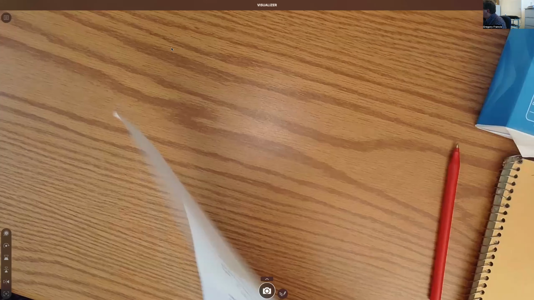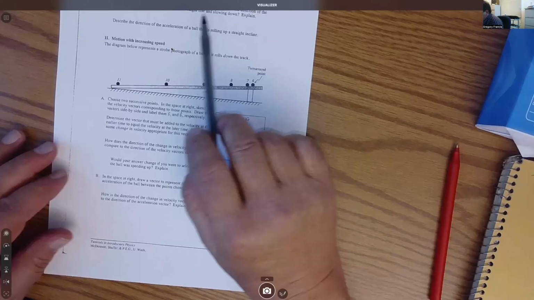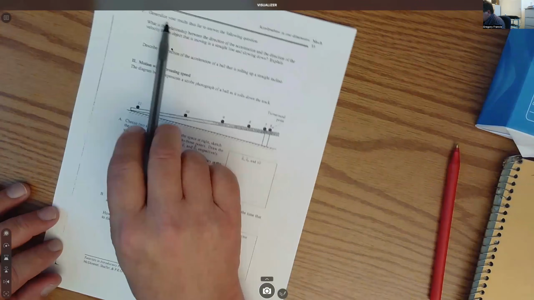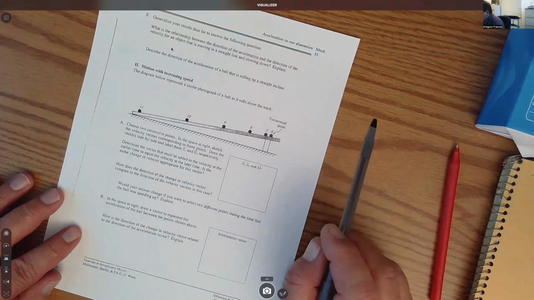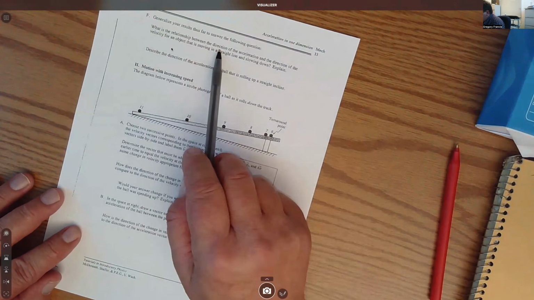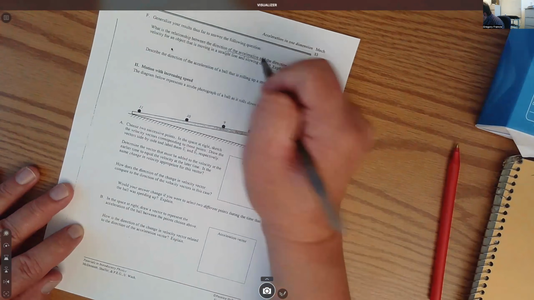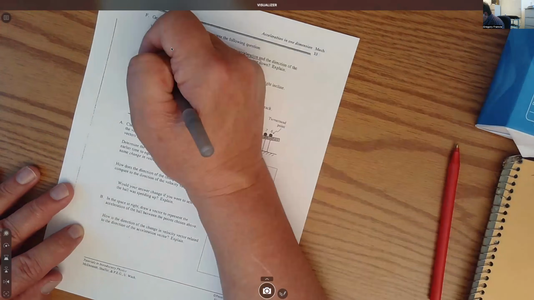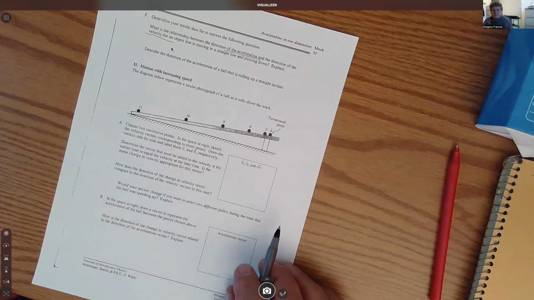Now, at the top of page 3, we're asked 2 questions. It says, generalize your results thus far to answer the following questions. What is the relationship between the direction of the acceleration and the direction of the velocity for an object moving in a straight line and slowing down?